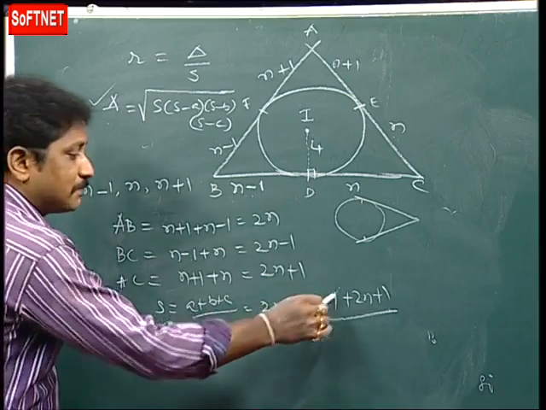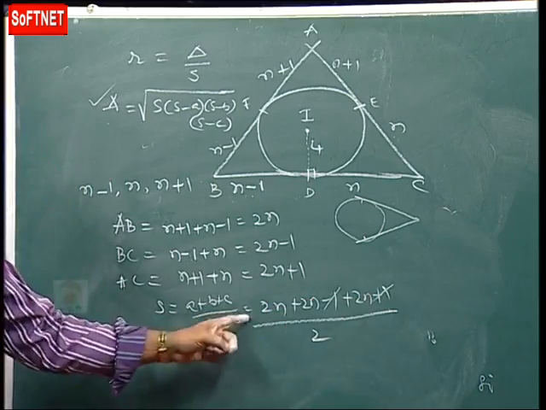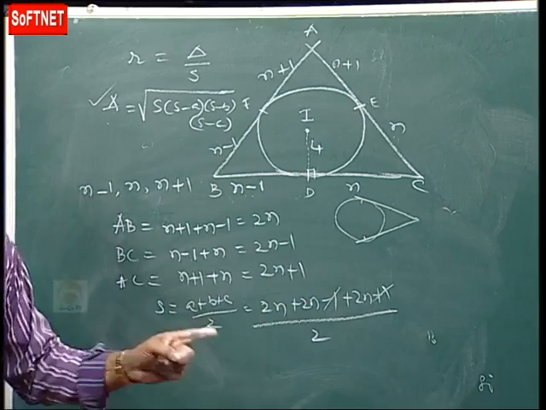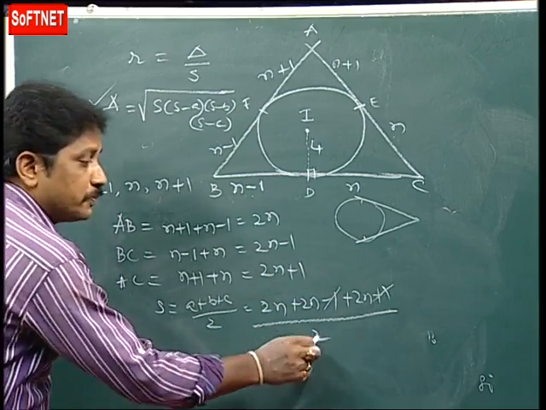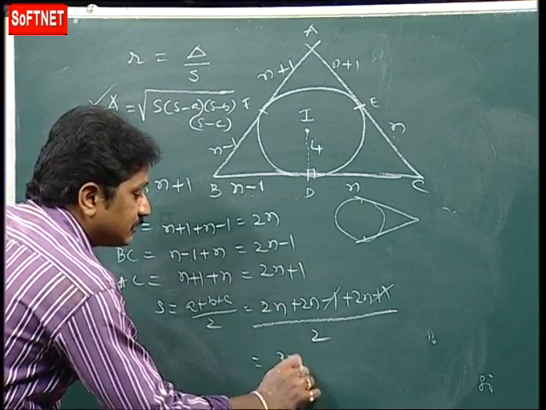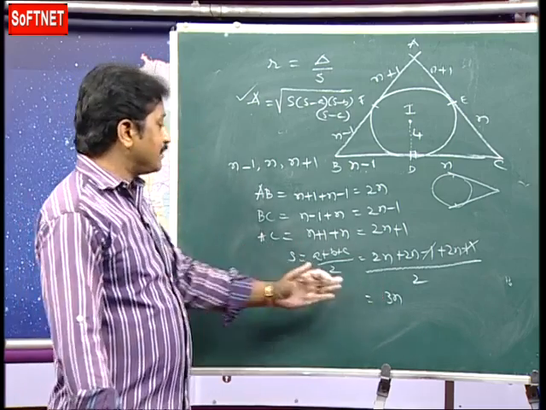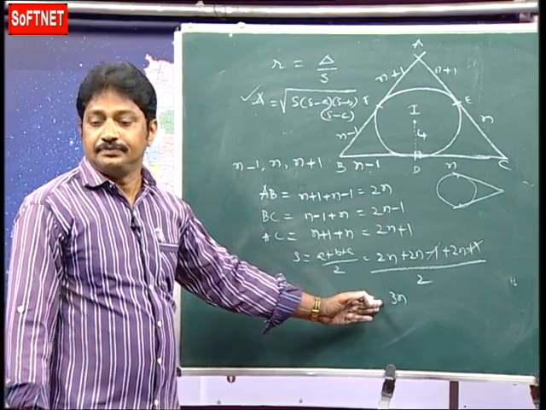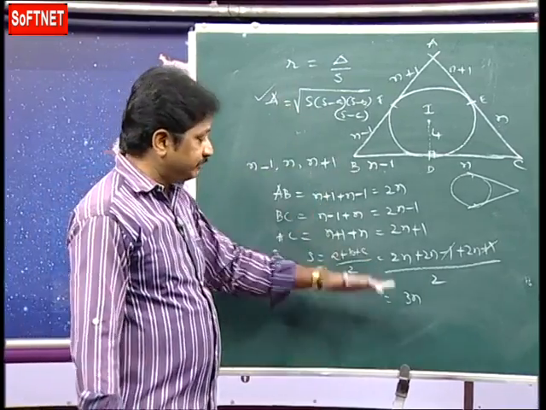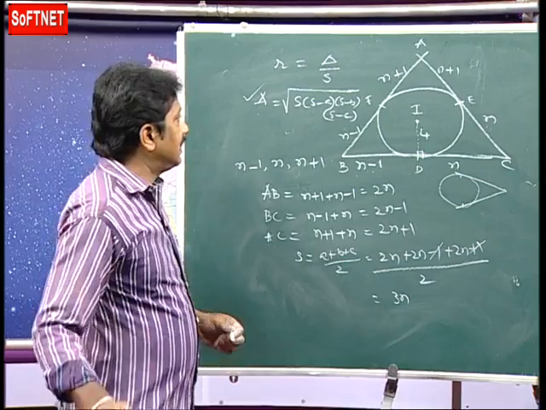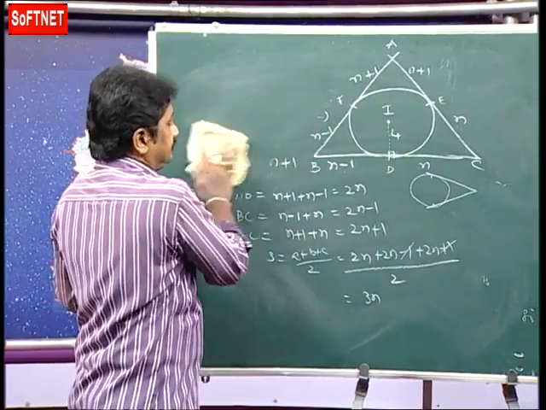The minus 1 and plus 1 get cancelled. 2n plus 2n plus 2n is 6n, and 6n by 2 is 3n. So s is equal to 3n. Is it clear? I will erase some of this, then I will write the rest of the steps here.